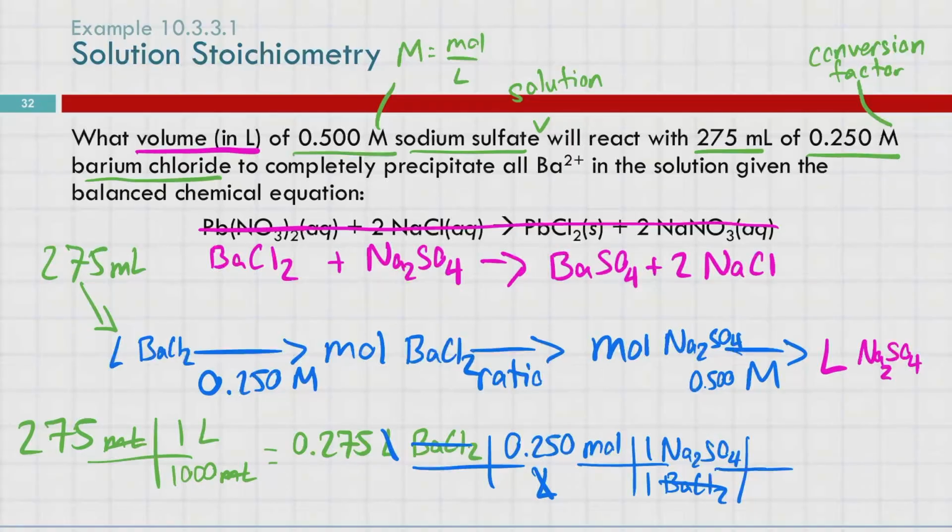And now we've got some number of moles of sodium sulfate. How do we get from moles to liters with molarity? Multiply or divide? Divide by moles over liters. The moles cancel, and we get out our answer.